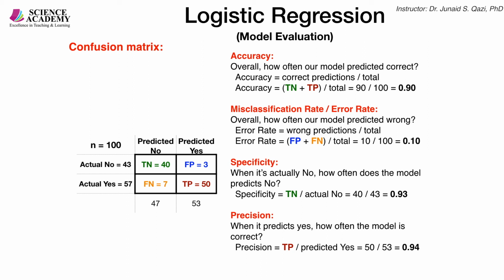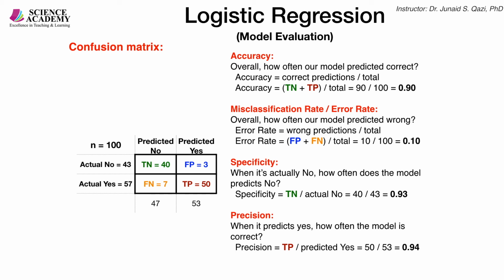Specificity is defined as when it is actually no, how often does the model predict no. So the true negatives divided by the actual number of no's gives us the specificity.